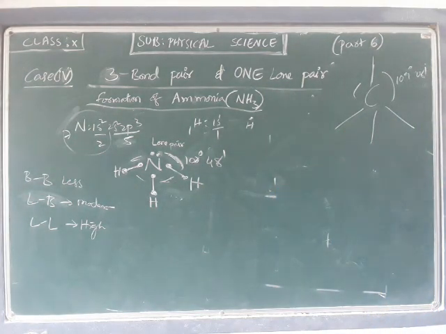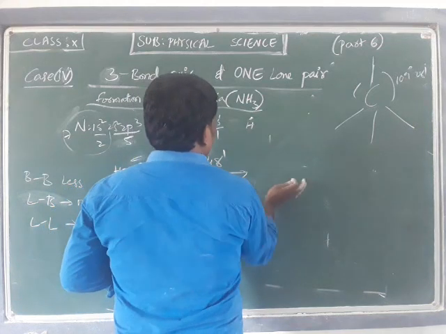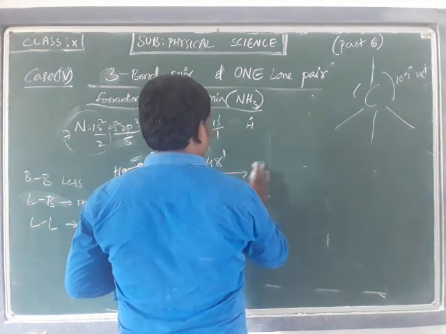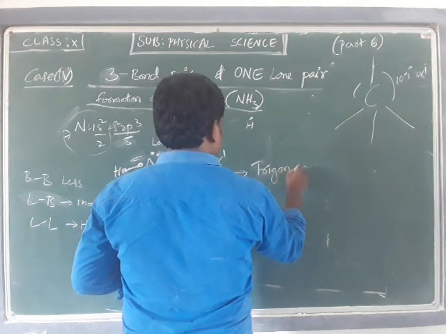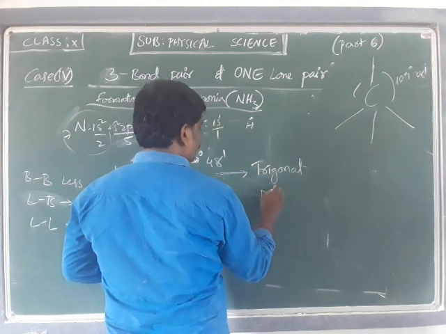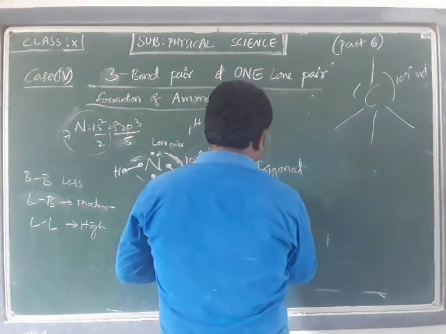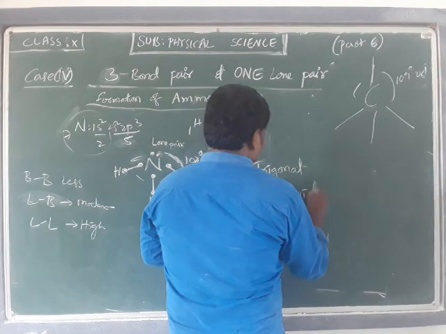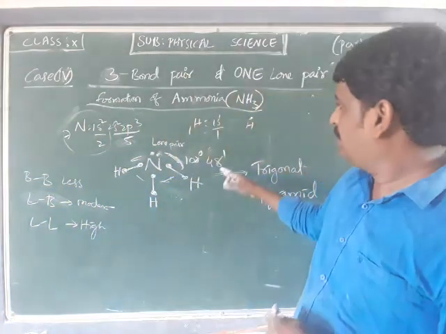And the shape of that is expected as a tetrahedron, but here it is going to give a trigonal pyramid. So it is going to attain the trigonal pyramid shape.